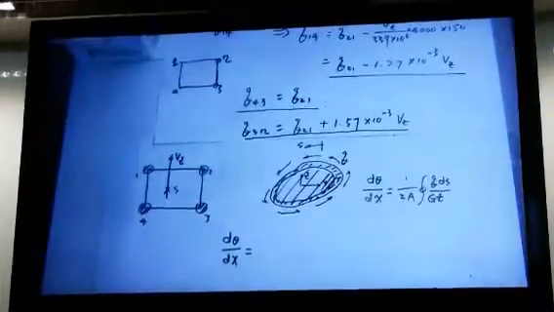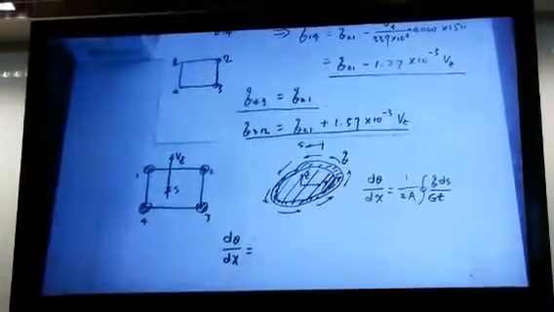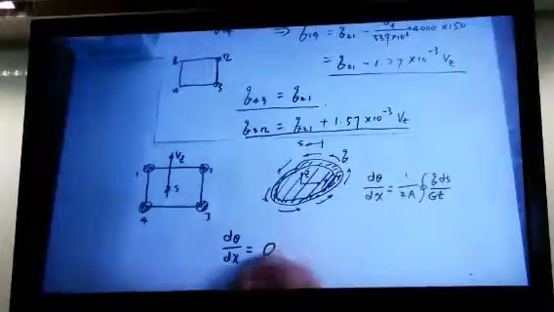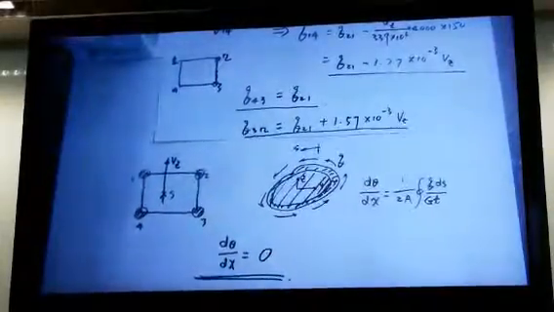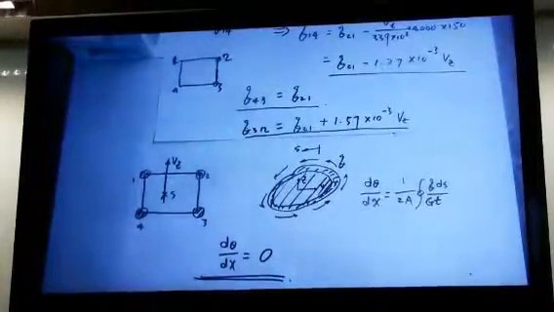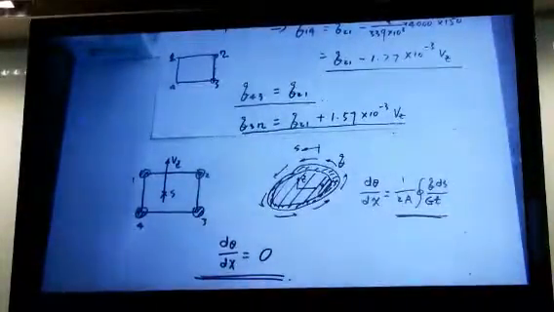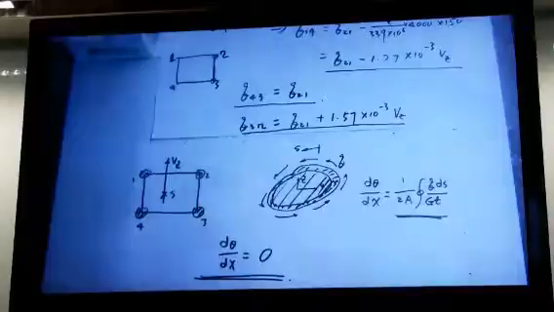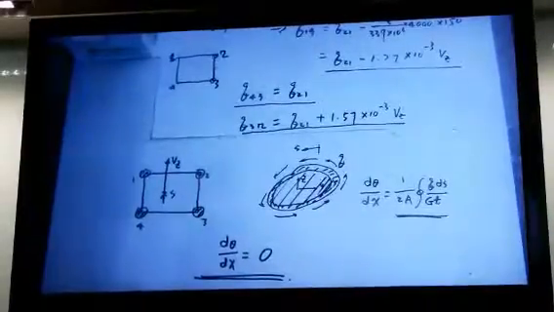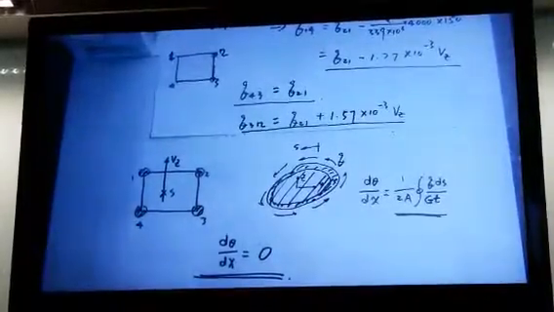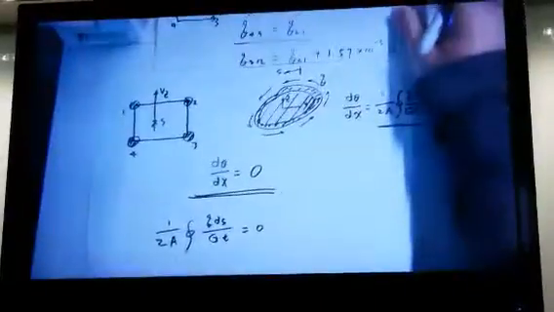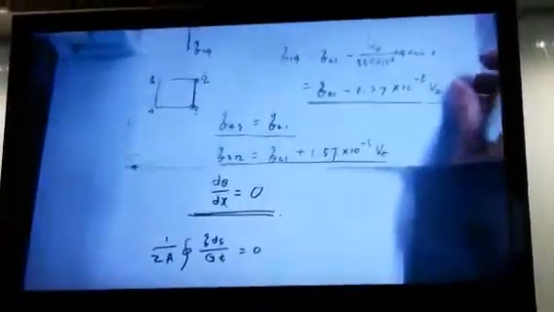Then dθ/dx should be zero, right? So this is zero. This is an equation we can use to calculate what is q21. We use this formula: (1/2A) ∮ q ds/(G t) equal to 0.